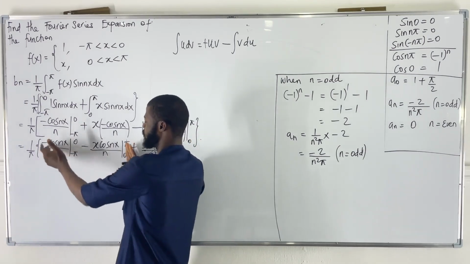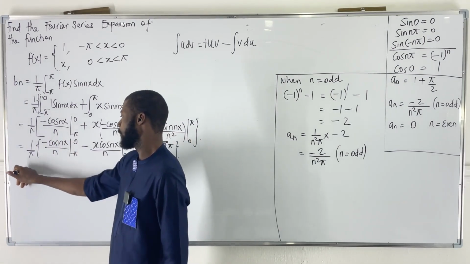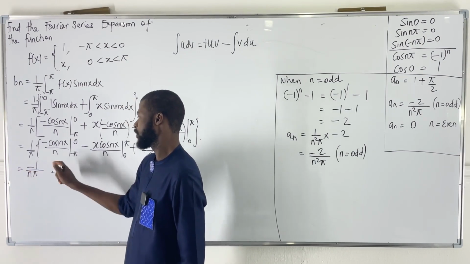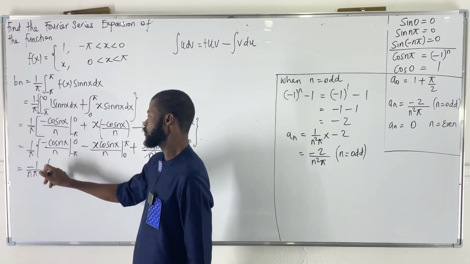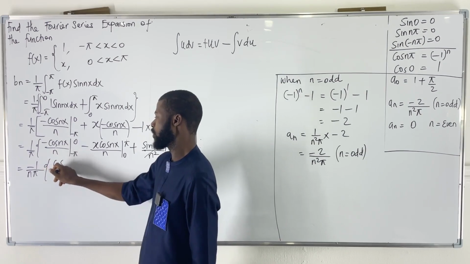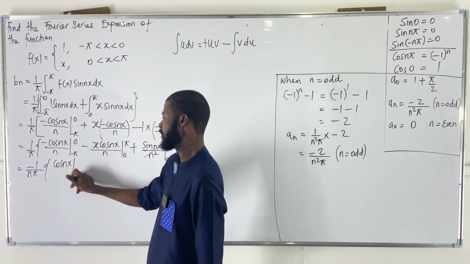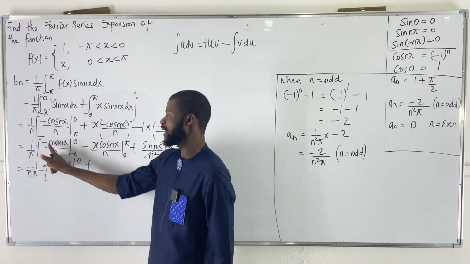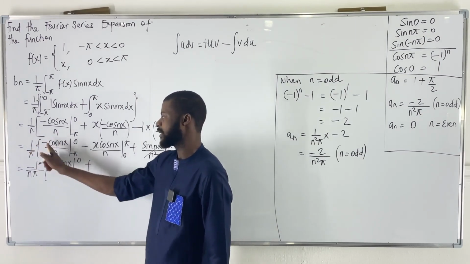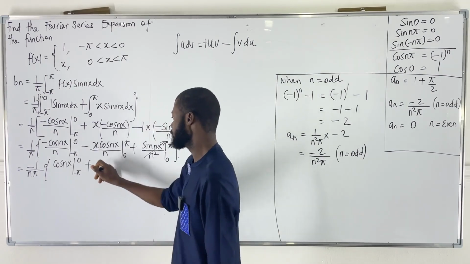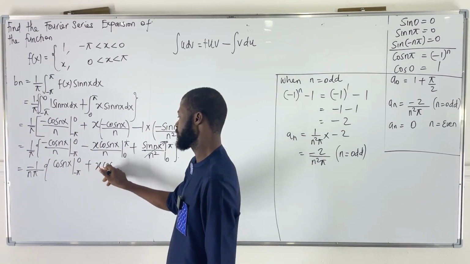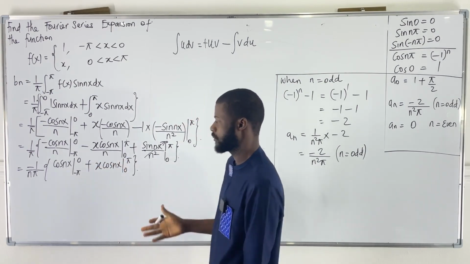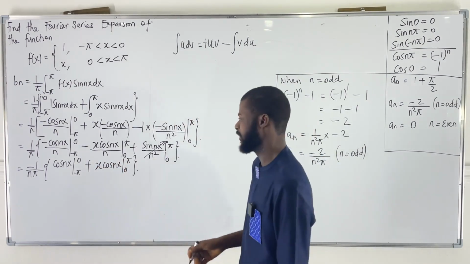This will become minus 1 over n pi, because the n is also coming out. What will be remaining is cos nx from minus pi to 0, plus, since I brought out the two negatives everything is now positive, cos nx from 0 to pi. It's looking much more beautiful now.